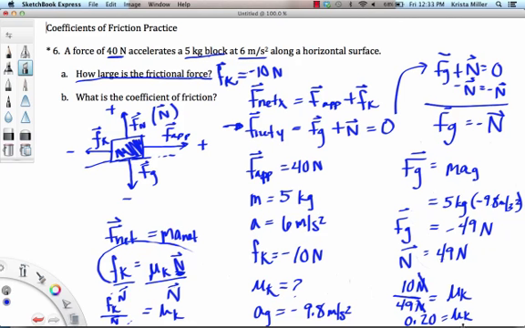That tells us our coefficient of kinetic friction is 0.20. I know a lot of you are probably saying, wait a minute, that's not sig figs. I don't disagree. This particular problem should have been set up so that you could get decent sig figs, and it's not. So if you have your answer as 0.20 for your coefficient of kinetic friction, you're good to go.